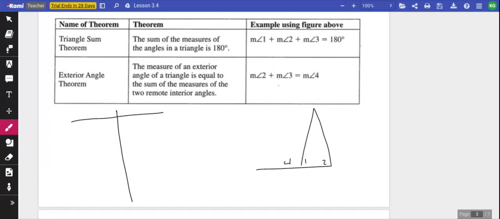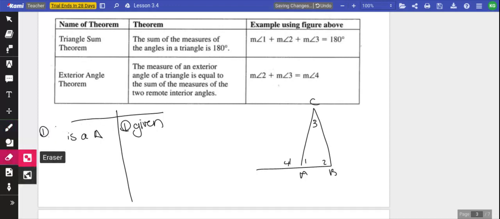Angles 4, 1, 2, 3. We'll just call this triangle A, B, C. So we're going to be given ABC is a triangle. There, I wrote it backwards.